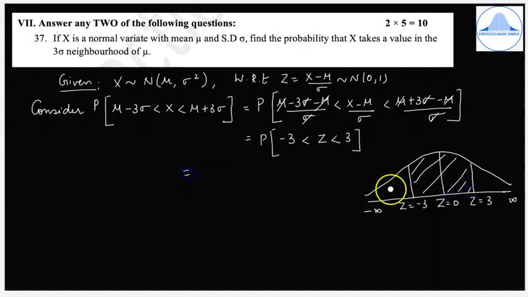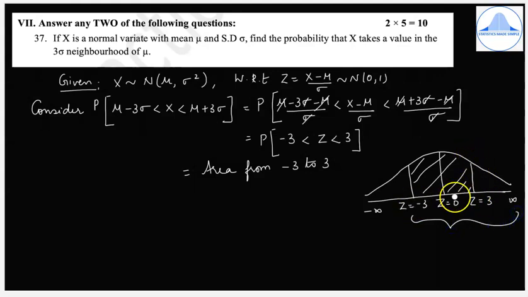Now the area which you have shaded, you write it in words. So this is equal to area from minus 3 to 3. So remember that from the normal tables, we can find out any area only from a number to infinity. So what we have to do is from the starting point of the shading, that is minus 3 till infinity, draw a flower bracket.